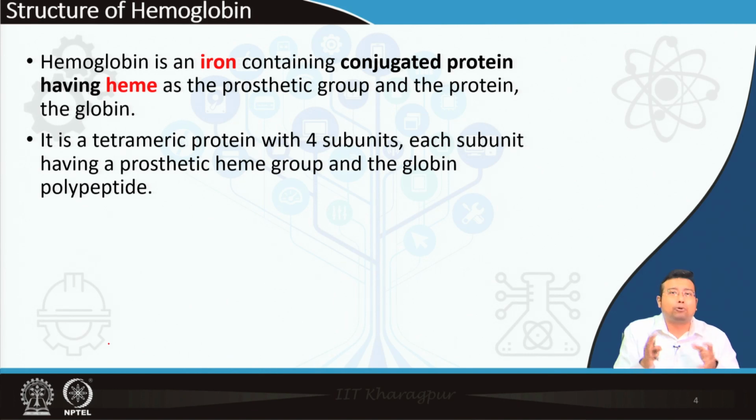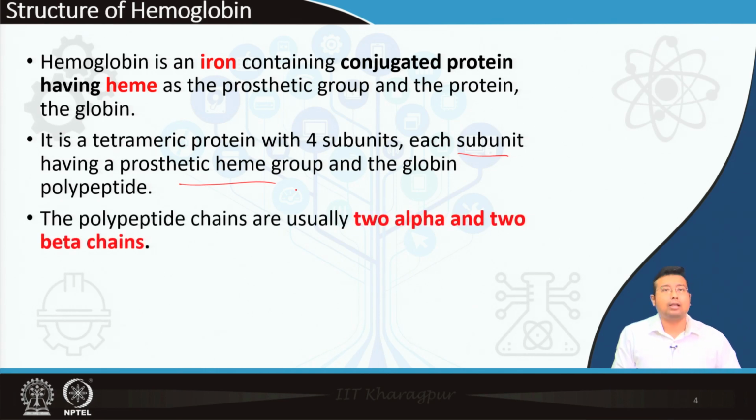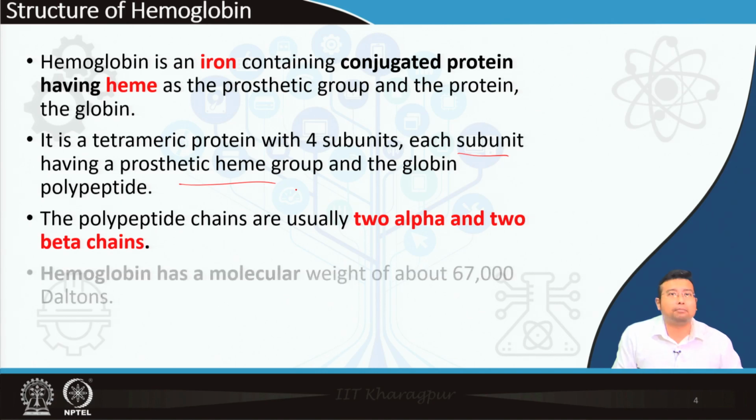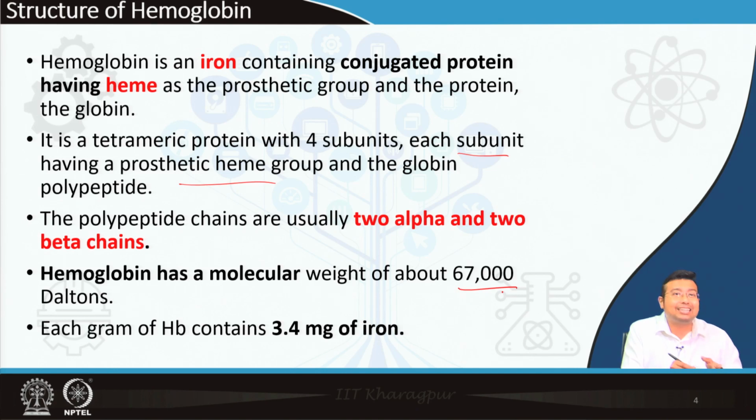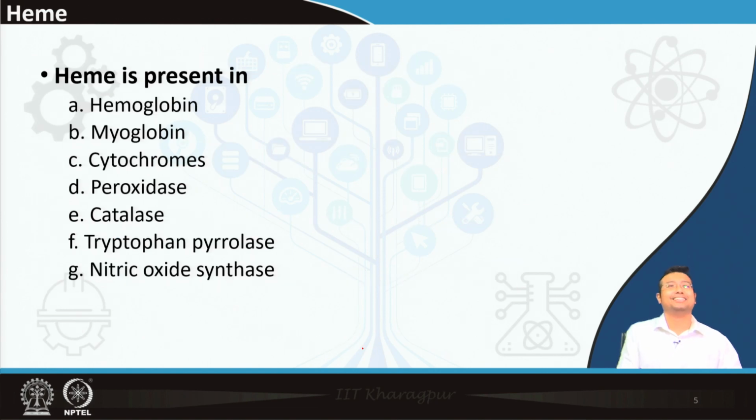It is a tetrameric protein, with 4 subunits, each subunit having a prosthetic heme group and a globin polypeptide. 2 alpha and 2 beta form the tetramer. The molecular weight is 67 kilodalton, or 67,000 Dalton. And each gram of hemoglobin, mind you, hemoglobin is measured in gram per deciliter, contains 3.4 mg of iron.